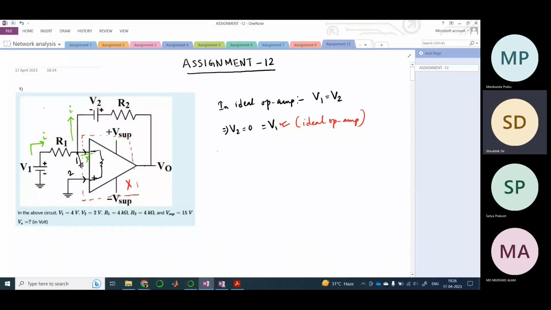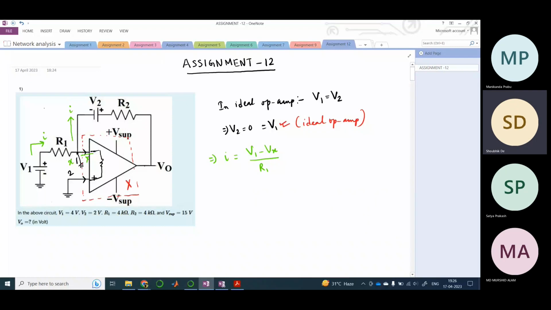So therefore we can now write a KVL or a KCL equation, right? Let us write this point here where 1 is written as node X. So what would be I? This is nothing but V1 minus Vx by R1.